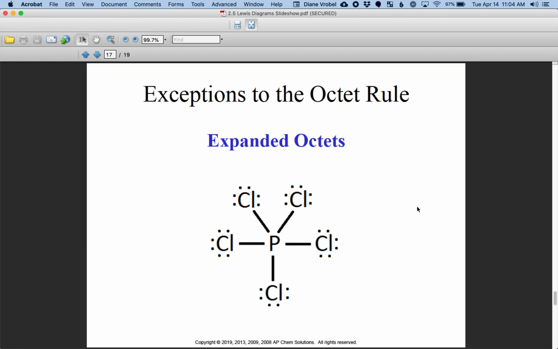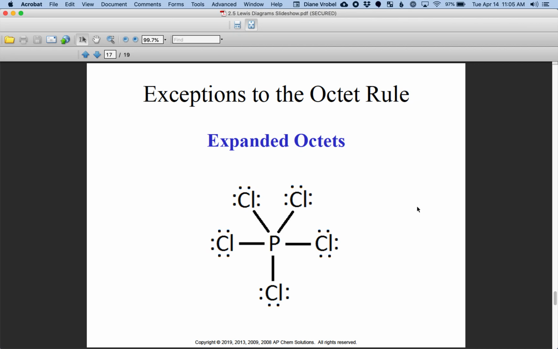So here's an example of an expanded octet. So notice phosphorus is lower in electronegativity. You could argue it also has lower valence electrons. They put it as a central atom. Now you would say, well, wait, why can't I make chlorine the central atom?